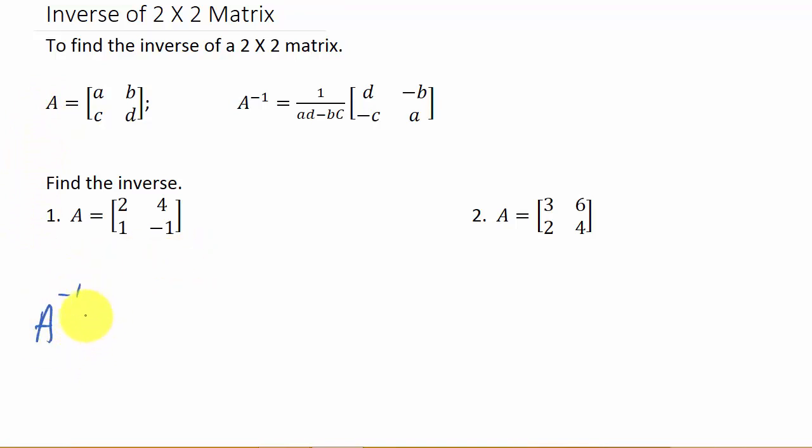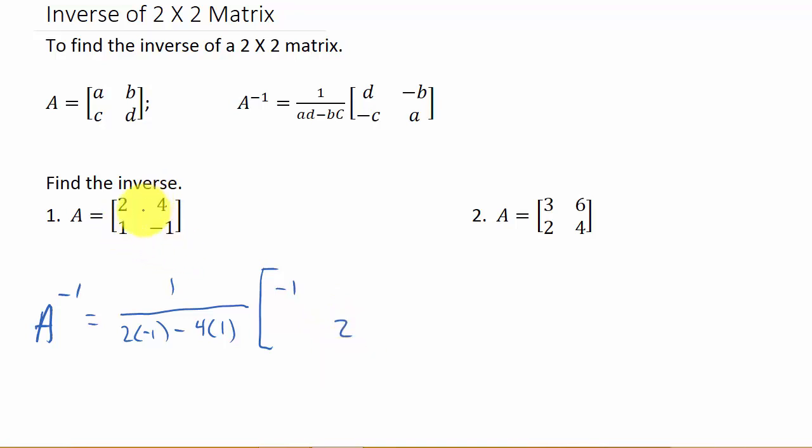So the inverse of A is equal to 1 over A times D, that's this diagonal, so 2 times negative 1, minus B times C, so 4 times 1, times, and then we swap the A and the D, so we swap the 2 and the negative 1, so that's negative 1 and 2.